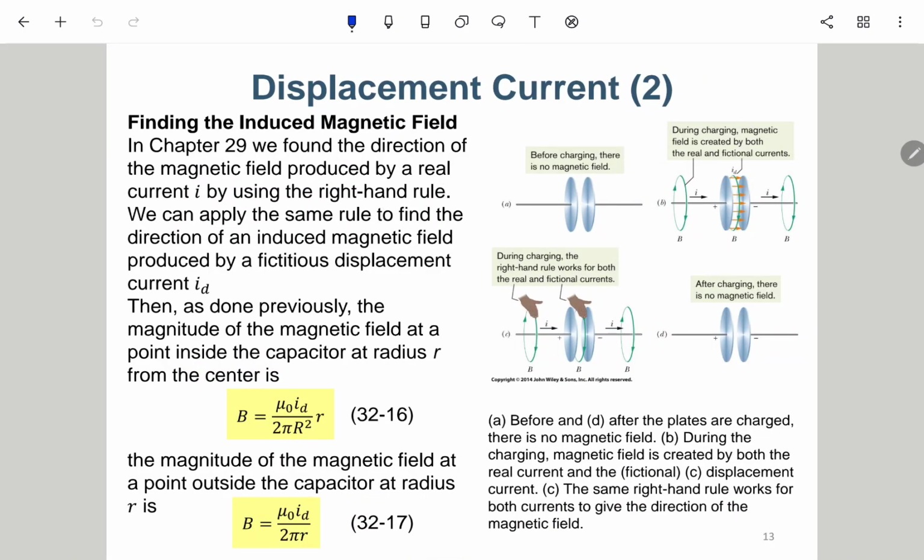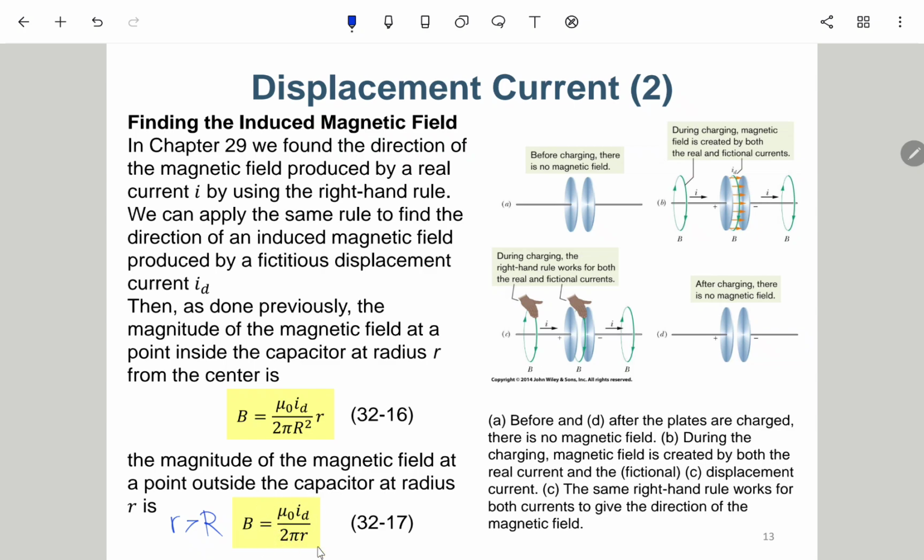here we also have some formula with displacement current. You can also derive, if r is larger than capital R, we have this one. So it is just the same as the one we got in chapter 29.